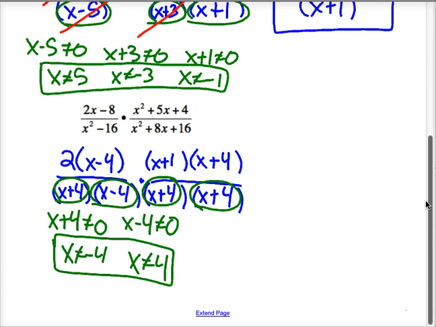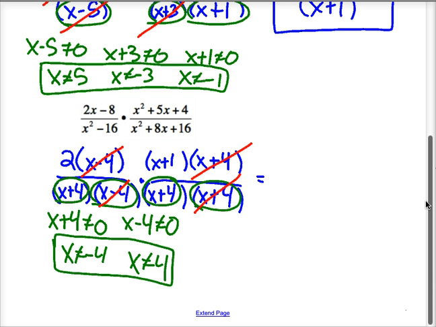All right, and let's do our canceling. So x minus 4 and x plus 4. All right, now again, notice I do have two x plus 4s left, but because they're both in the denominator, I can't do anything about it.